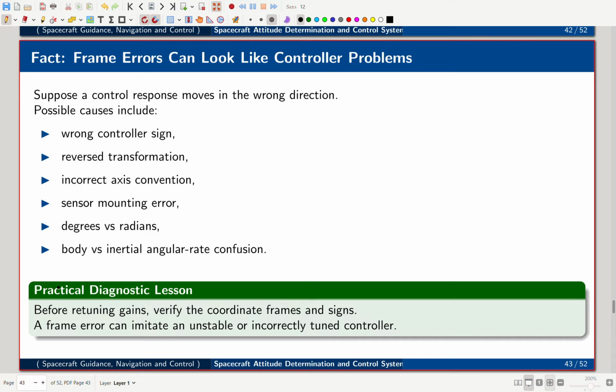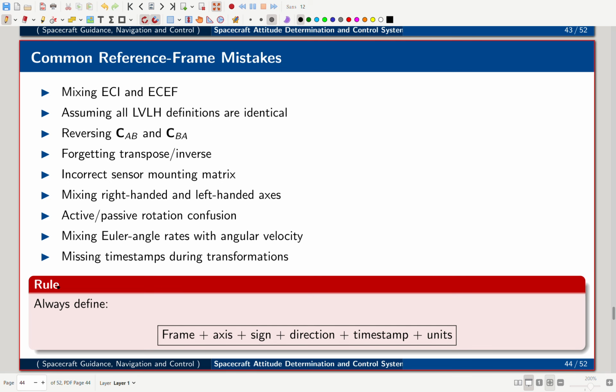So the practical diagnostic lesson is: before retuning the controller gains, verify the coordinate frames and signs. Sometimes our control works fine, but we make a mistake here. So it is very important to take care of this point. A frame error can imitate an unstable or incorrectly tuned controller.